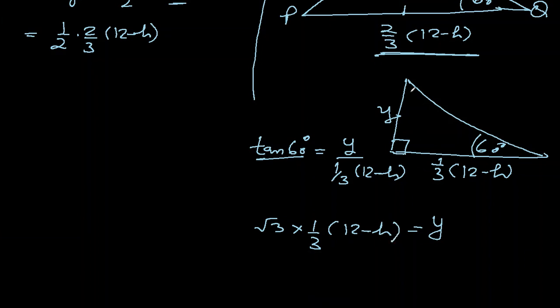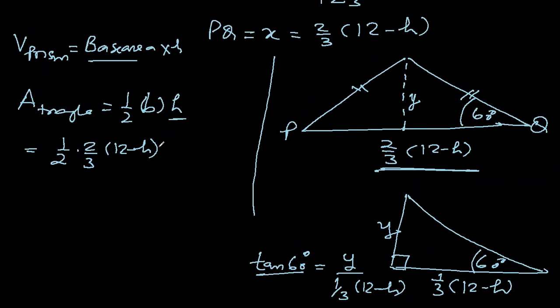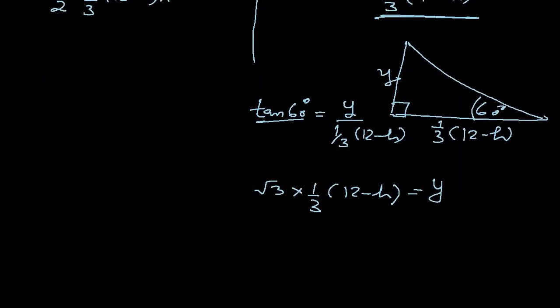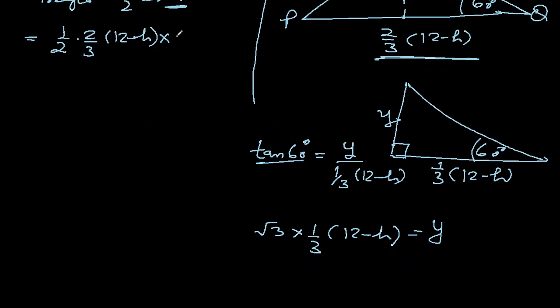This is the height of this triangle, and this is the height we needed, and we will substitute it here in place of the height of the triangle, which is, what did I get? Square root 3 over 3 times 12 minus h. Okay, square root 3 over 3 times 12 minus h.